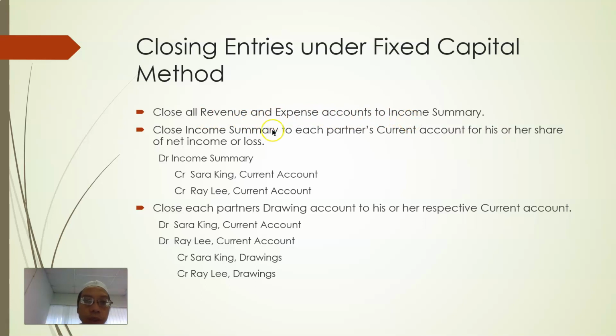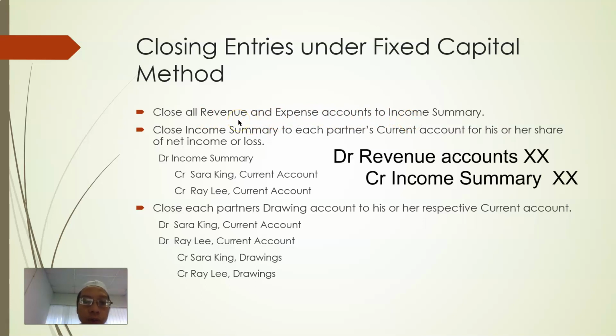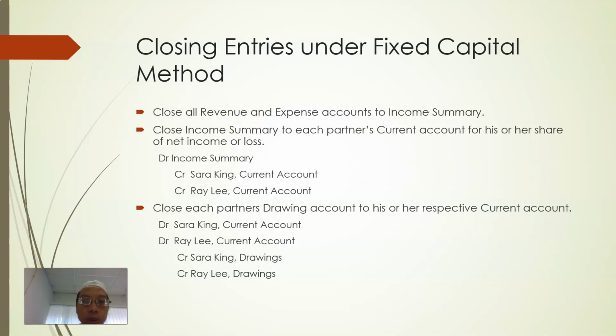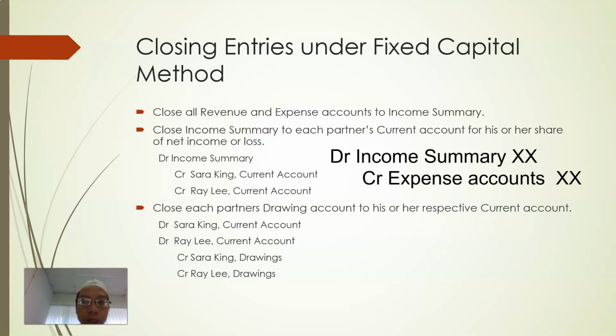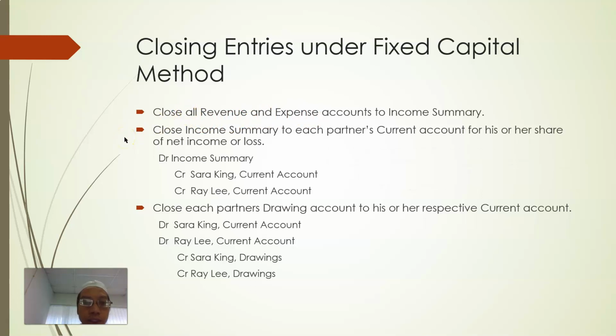So we will debit all of the revenue accounts and credit the income summary account, and we will also debit the income summary account the total amount of all the expense accounts, and we will credit all of the expense accounts.